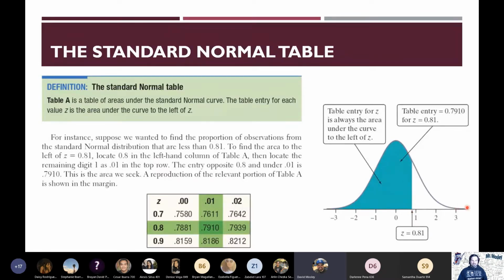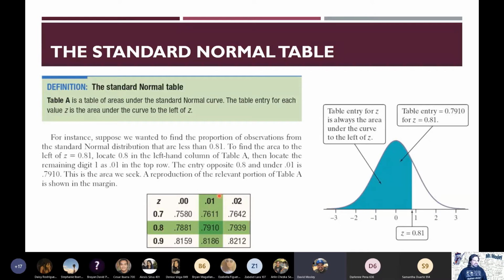on this graph. And to find the area to the left of z equals 0.81, we need to locate 0.8 on the left-hand column of table A. This is a portion of table A that's been provided here. We find 0.8 here. Then locate the remaining digit 1 at 0.01.